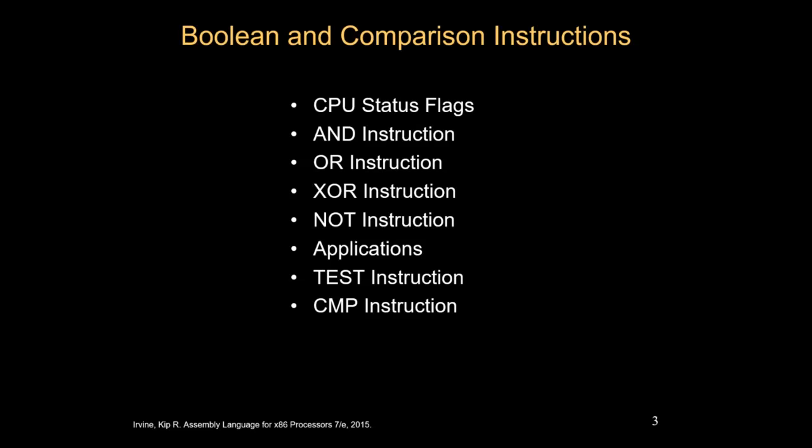So the TEST is like the AND, but it only sets the flags. It implies a Boolean AND between only the source and the destination operand. So it works like the AND.